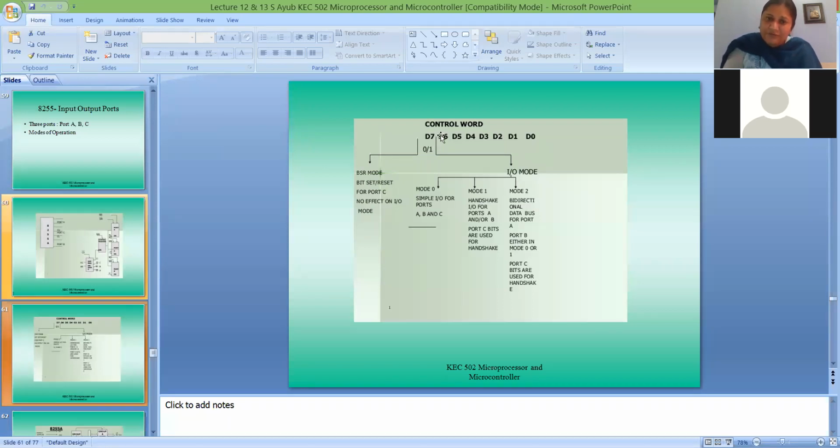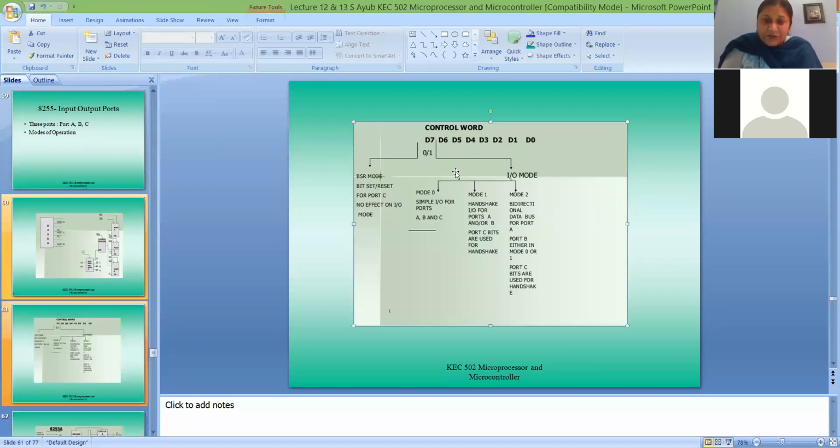What is BSR mode? We'll see it in detail, but BSR mode is bit set reset mode, and it is applicable only to port C. That means if you want to use a single bit of port C as input or output, then you go with this mode.